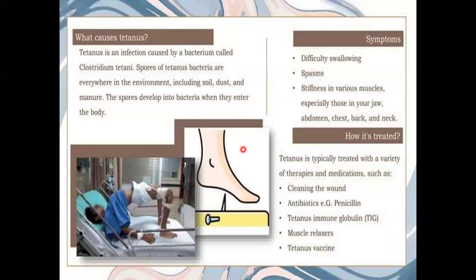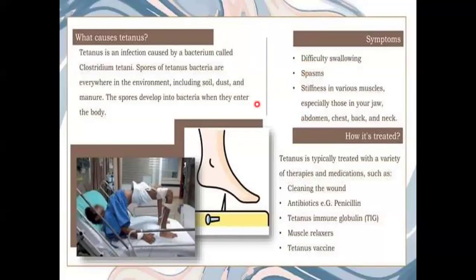Now this one, what is happening is it is blocking the inhibitory. So the muscle will be tensed, because once you have inhibitory, the muscle is supposed to relax. But this time, it's blocking the release of the inhibitory neurotransmitters. So the muscle will remain tensed. The excitatory will continue working. So that is why you're going to have spasm.